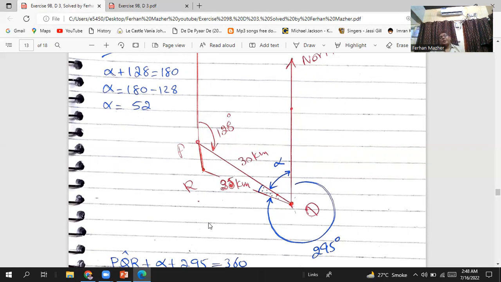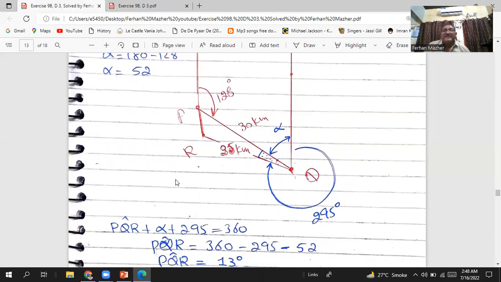So 295, this is 52. I will subtract from 360. If you subtract 52, how much do you get? Let me check, because this is very important to understand, how do I know that this is from 360. If I subtract 52, I get 308. But this bearing is 295, which is less than 308. So this line QR is supposed to be lower than the PQ line.